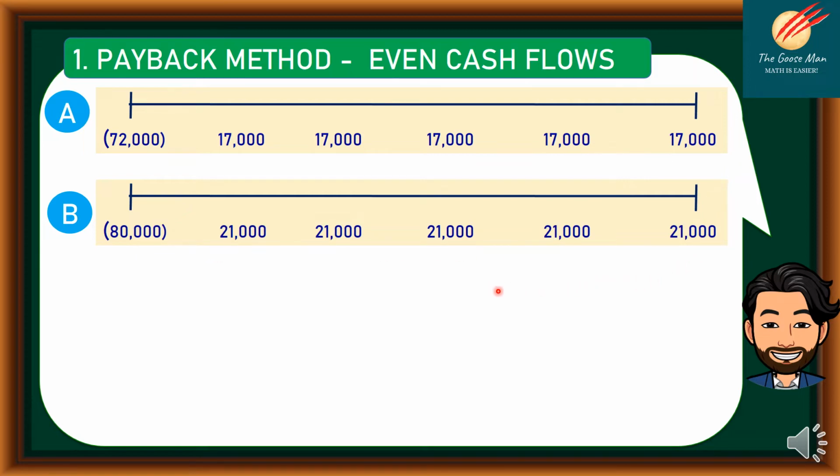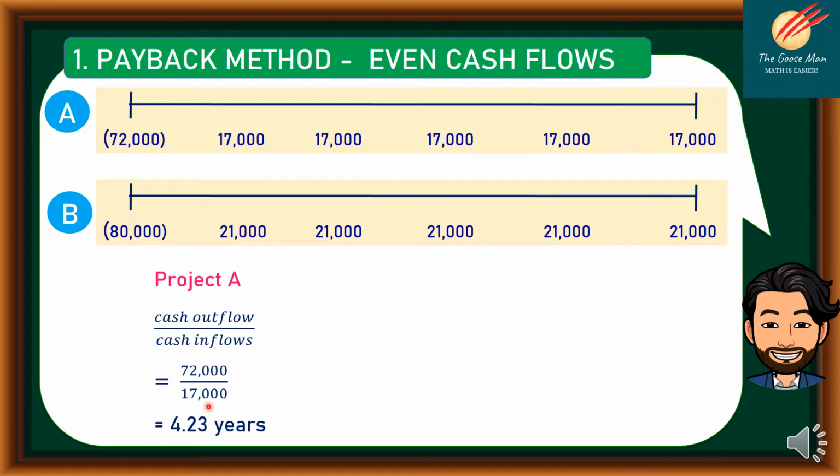In order to compute the payback method, we have our formula: cash outflow divided by the cash inflow. Our cash outflow is 72,000 pesos divided by 17,000 pesos, so we have 4.23 years for our payback.